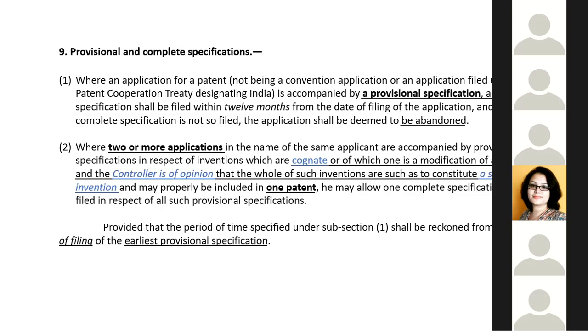When an application for patent, not in the convention and the PCT, is accompanied by a provisional specification, a complete specification shall be filed within 12 months of the date of filing of the application.